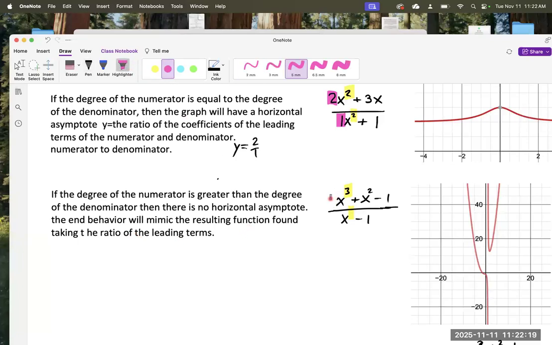So here, the ratio of the leading terms will be this one over this one. So it'll be x cubed over x, so that'll be x squared. If we explore the end behavior of the equation x squared, then that would be the end behavior of this entire function.